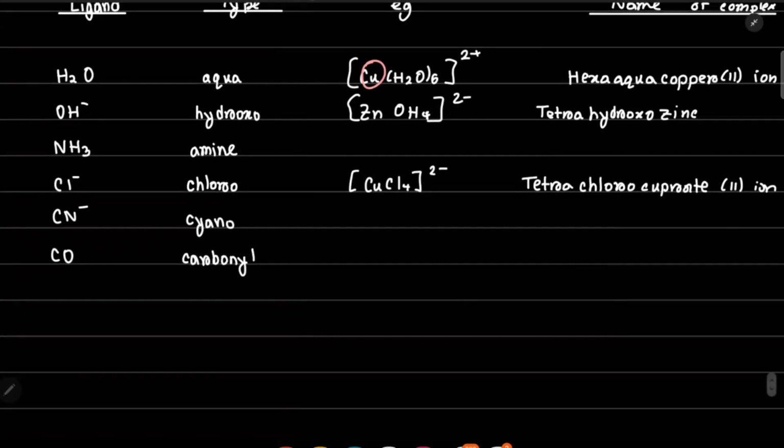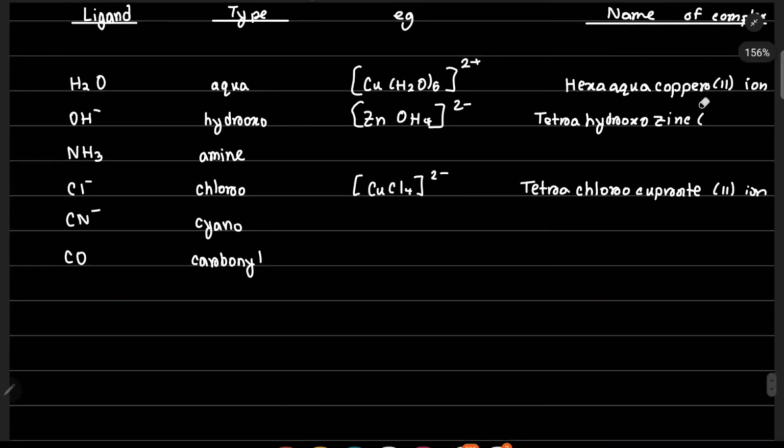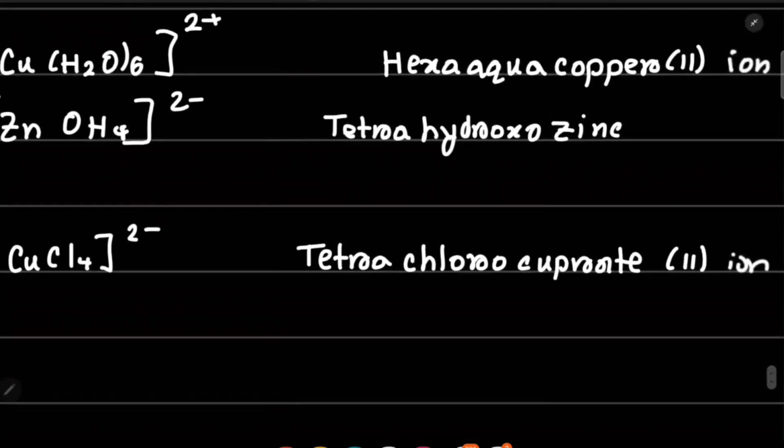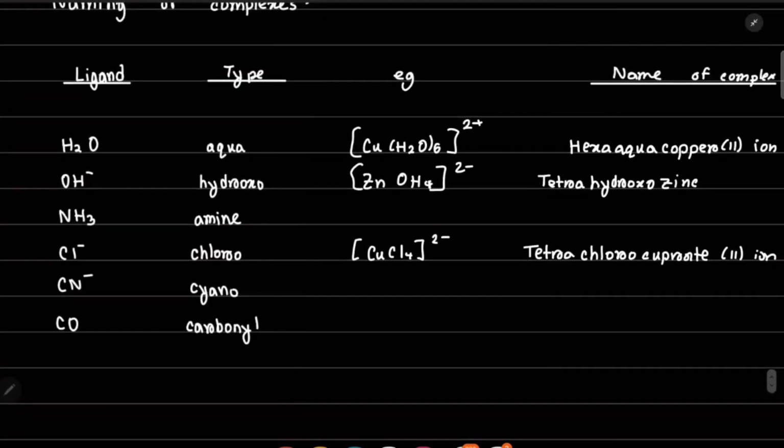We don't call it copper(II) since that is used if our complex is positively charged. Now for zinc, we don't have to write the oxidation number since zinc is not a transition metal. We do it only for transition metals. So this will be a zinc ion.